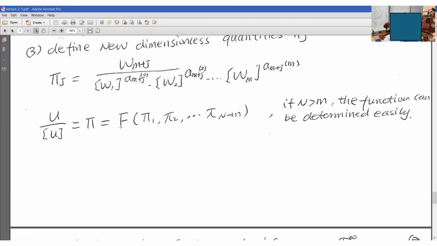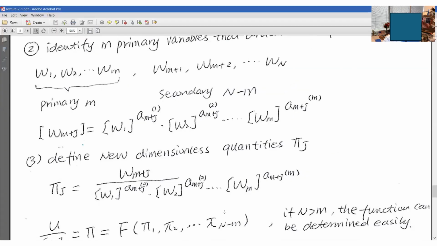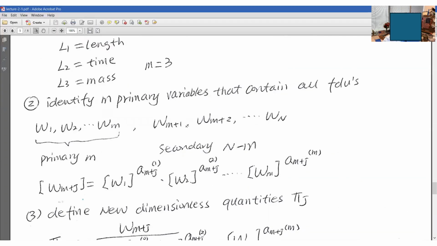No doubt, usually they are different. So pi will be F of pi 1, pi 2, through pi n minus m. You should know that. This is for the secondary variables. All the primary variables disappear. You understand?